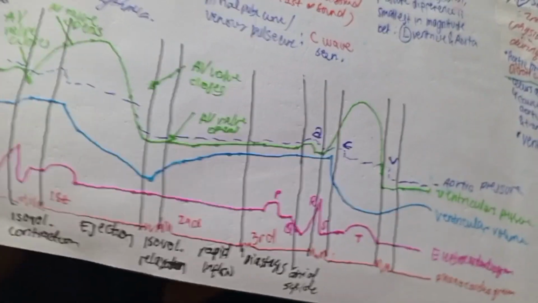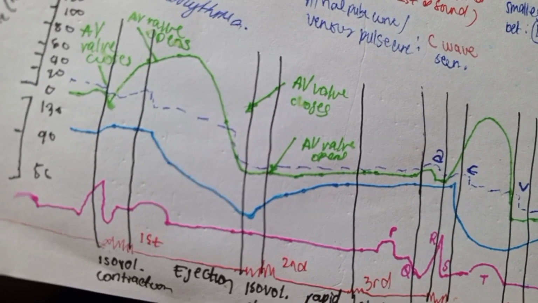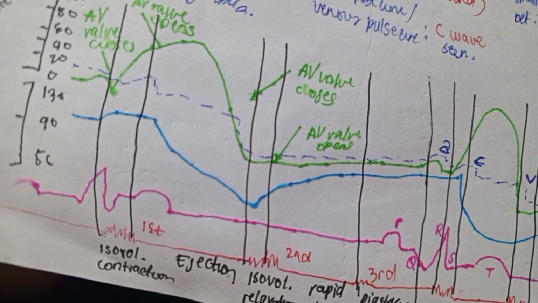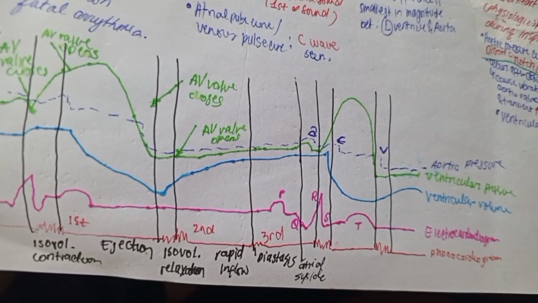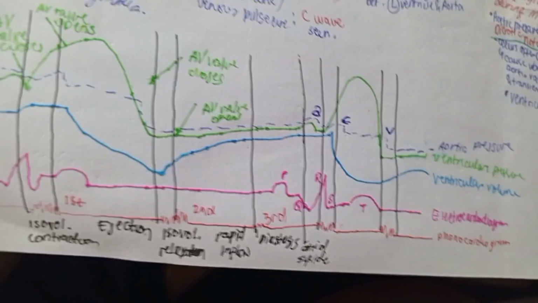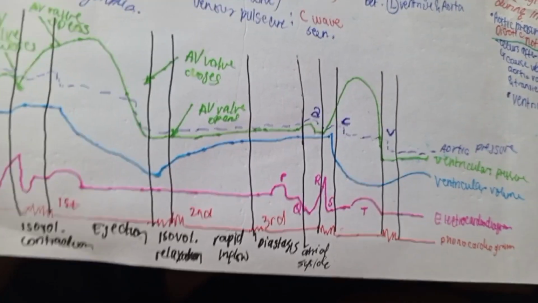The next phase is the isovolumic contraction, and it begins after the onset of the QRS. What happens here is the ventricular pressure increases but is less than the aortic pressure. With that, the semilunar valves, the aortic and pulmonic, are still closed.